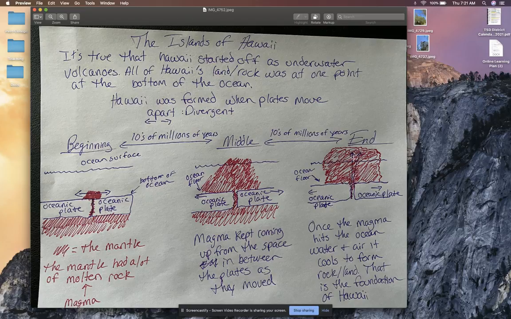Even in volcanoes, the outside of the volcano that we see is rock, but on the inside, it's magma. And eventually, when there's too much magma or lava, it breaks through or comes over the top or comes through the sides and cools to form brand new rock. And so some of Hawaii's islands are still growing in size.